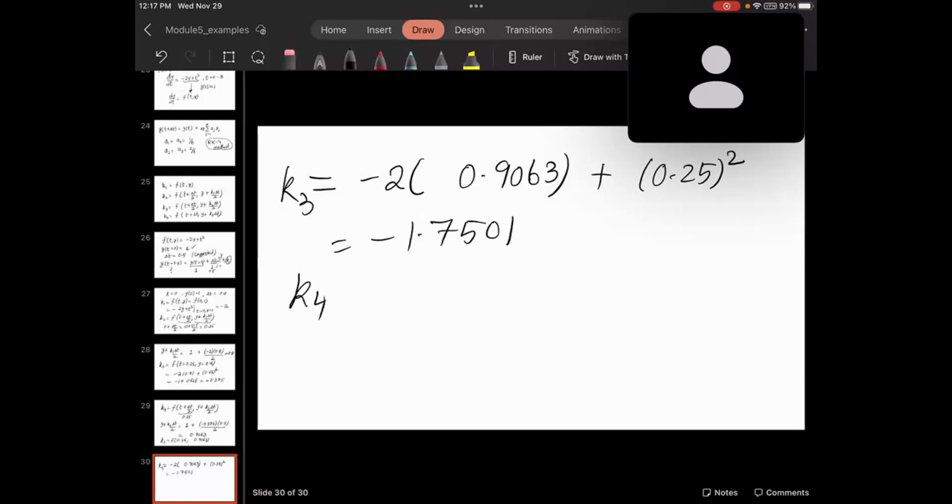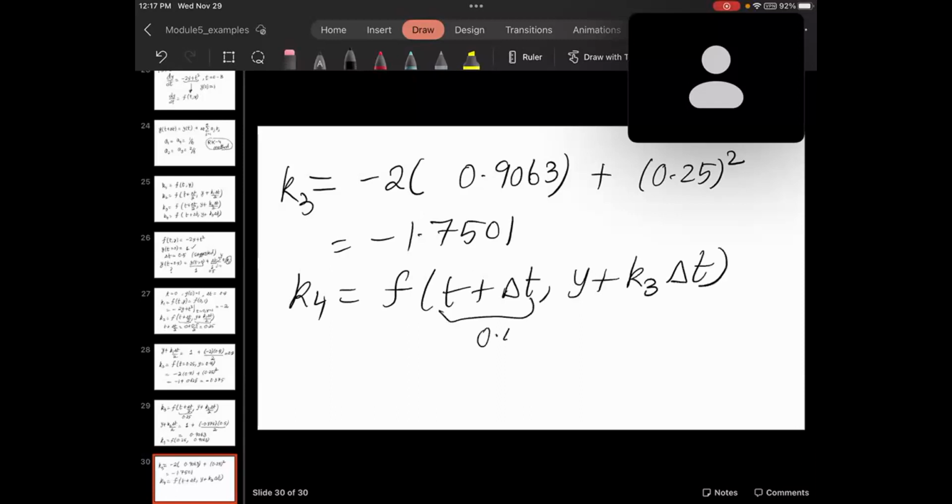And K4, if you recall, is the function evaluated at t plus delta t and y plus K3 times delta t. So t is 0 plus 0.5 equal to 0.5.